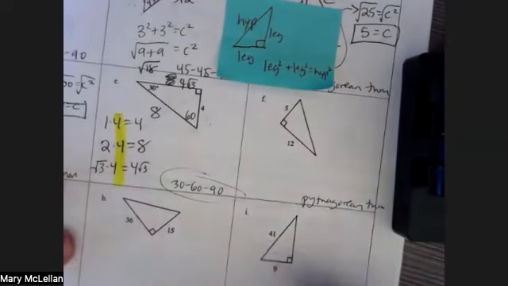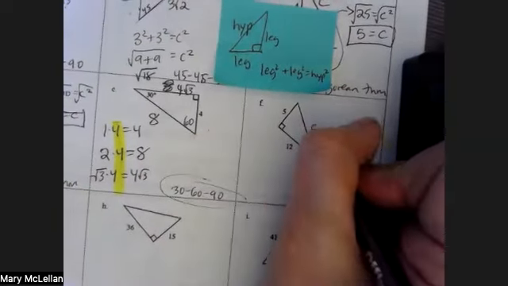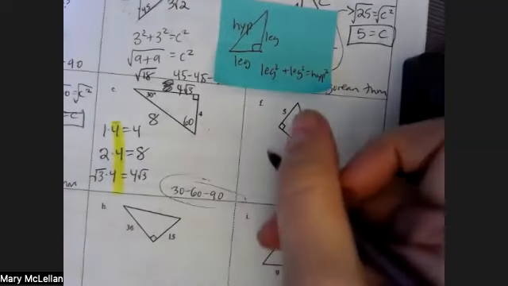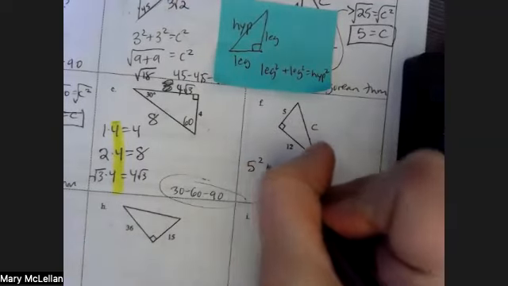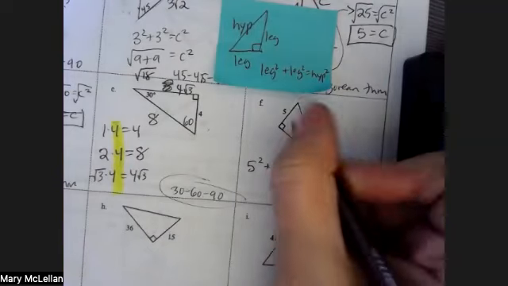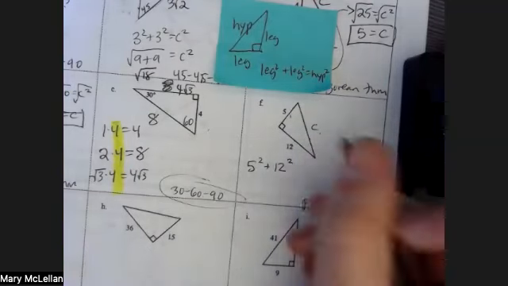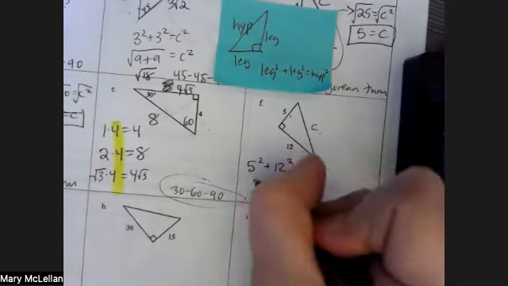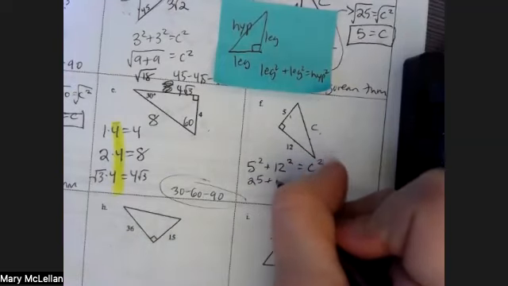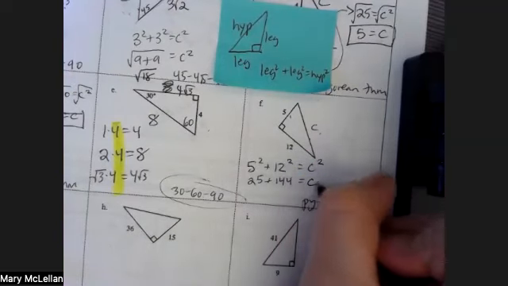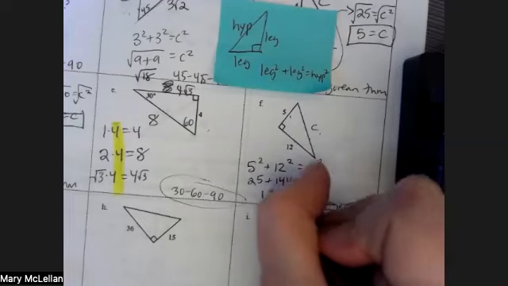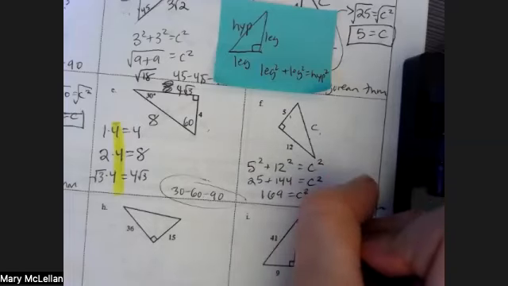Okay, here we have 5, 12, and again, we're missing our hypotenuse. So we'll do 5 squared plus 12 squared, leg squared plus leg squared equals hypotenuse squared equals c squared. That's 25 plus 144 equals c squared. That's 169 equals c squared.